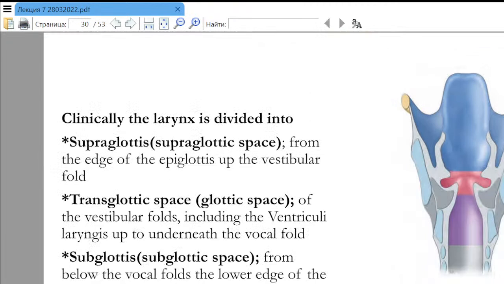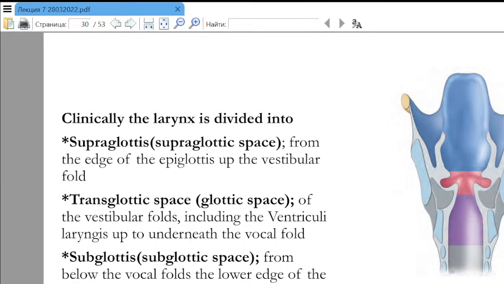Clinically, the larynx is divided into supraglottic space, transglottic space of the vestibular fold, including the ventriculi laryngis up to underneath the vocal fold, and the subglottic space, the subglottis, from below the vocal fold to the lower edge of the cricoid cartilage.